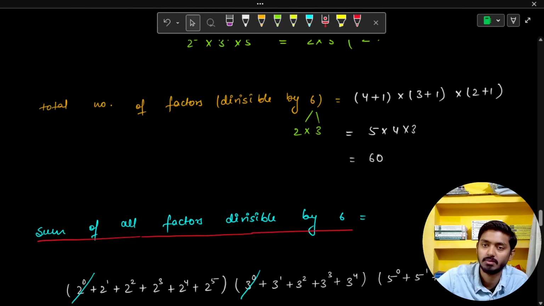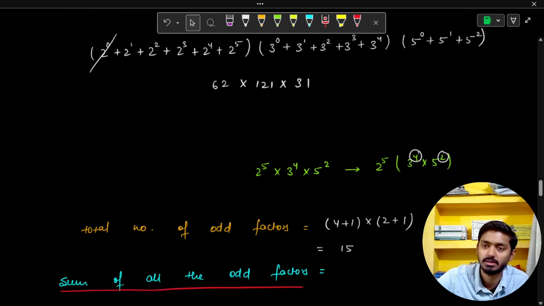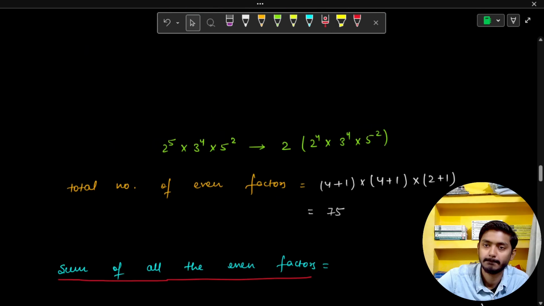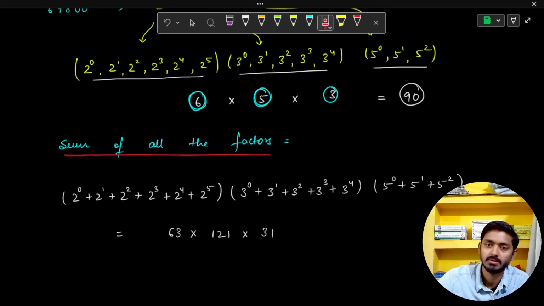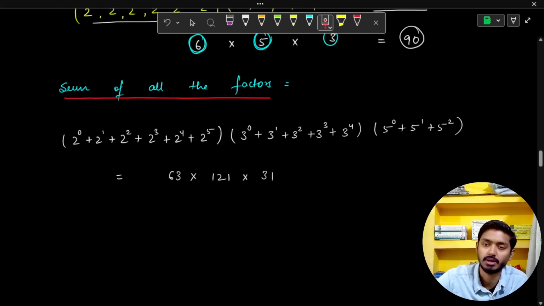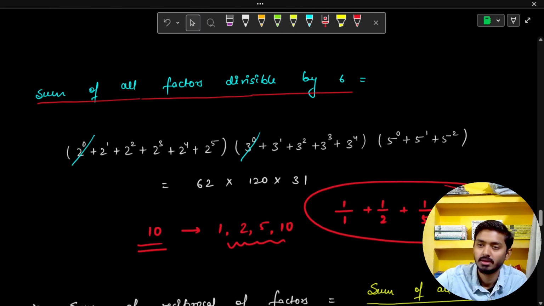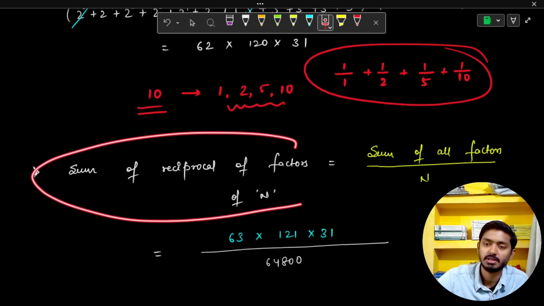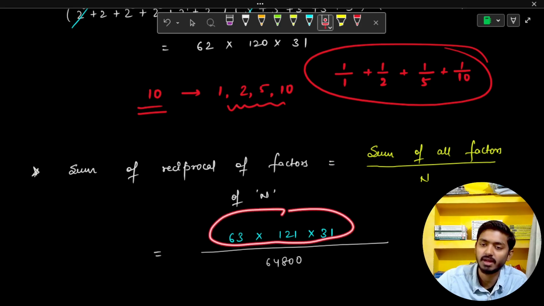I'll make you understand. This is the sum of all the factors, 63 times 121 times 31. So whenever you are asked to find the sum of reciprocal of all the factors of n, you write the sum of all factors and divide it by the number itself. You get the answer.